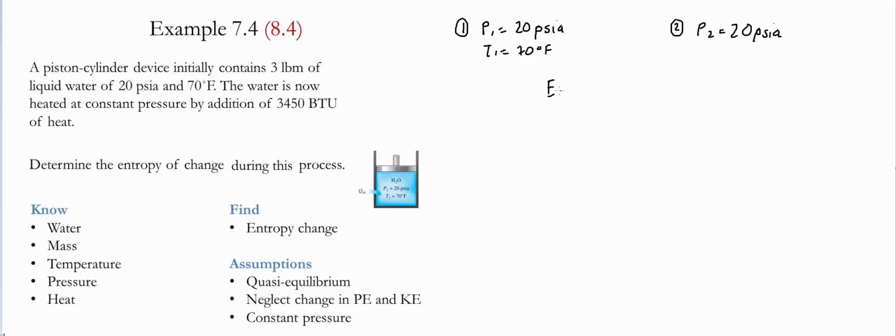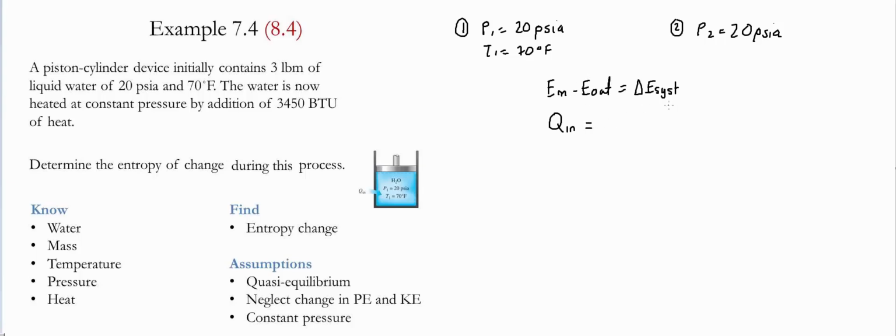So we have the amount of energy going in, minus the amount of energy leaving, is equal to the change of energy in the system. This is a closed system. The only quantity that we have going in is the amount of heat going in. There is no energy leaving, so this is equal to 0.